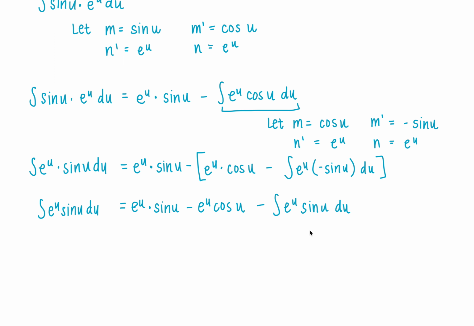I'm going to take this last integral, move it to the left, so that leaves me with 2 times the integral of e to the u sine u du is equal to e to the u times sine u minus e to the u cosine u.